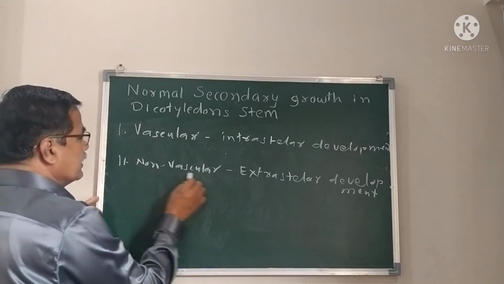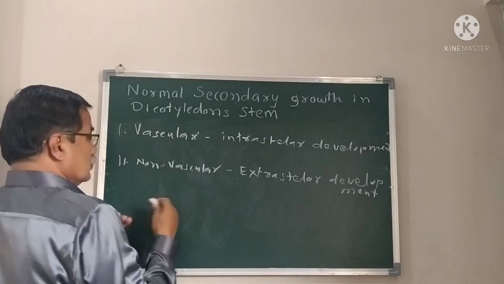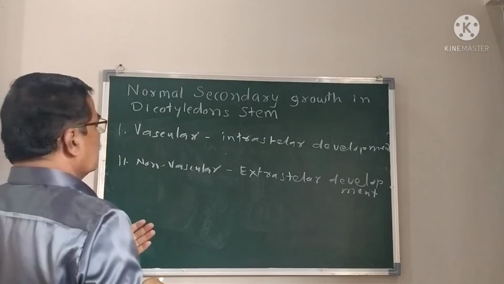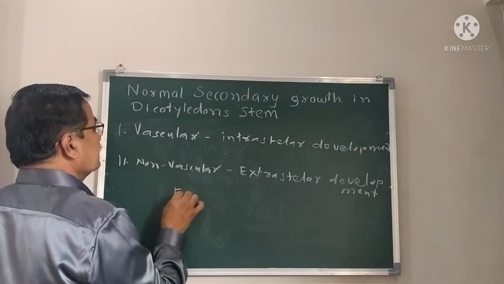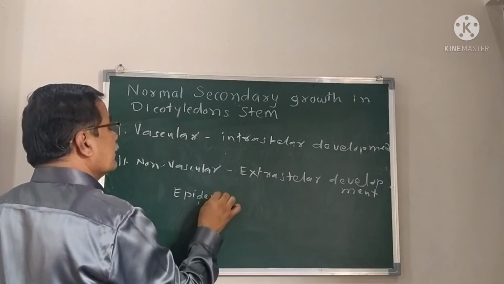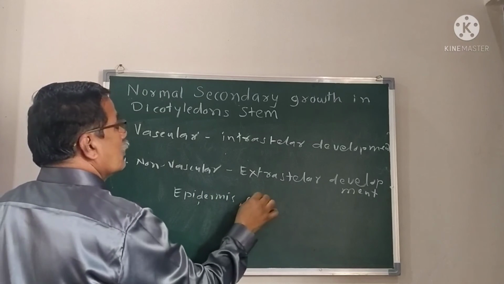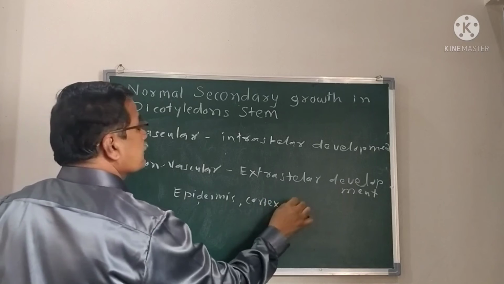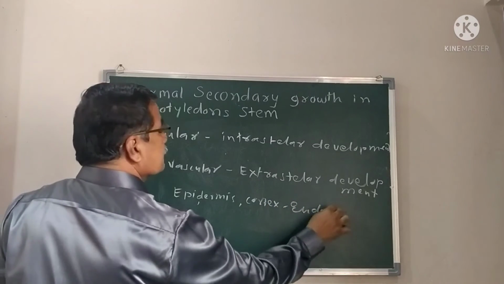Here, non-vascular formation is the tissue outside the endodermis, which consists of the epidermis and cortex. The cortex ends into the endodermis.